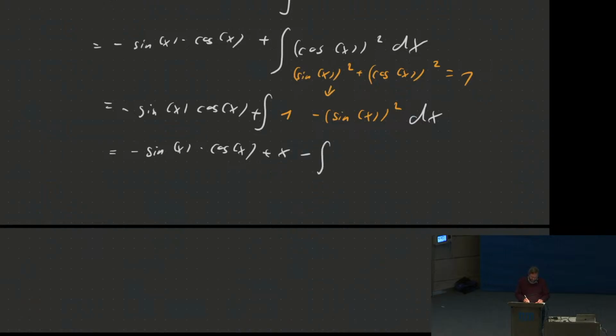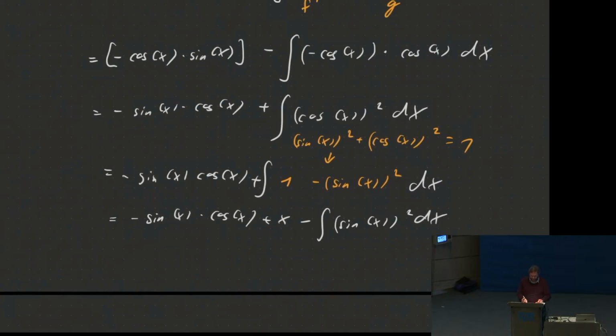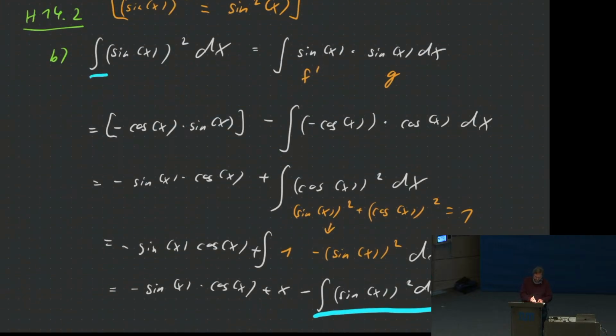Minus, and then I get minus the integral over sine x squared dx. And now you can see this integral here is the same as this. So now I have an equation I can solve for the integral. And that's what I'm doing.